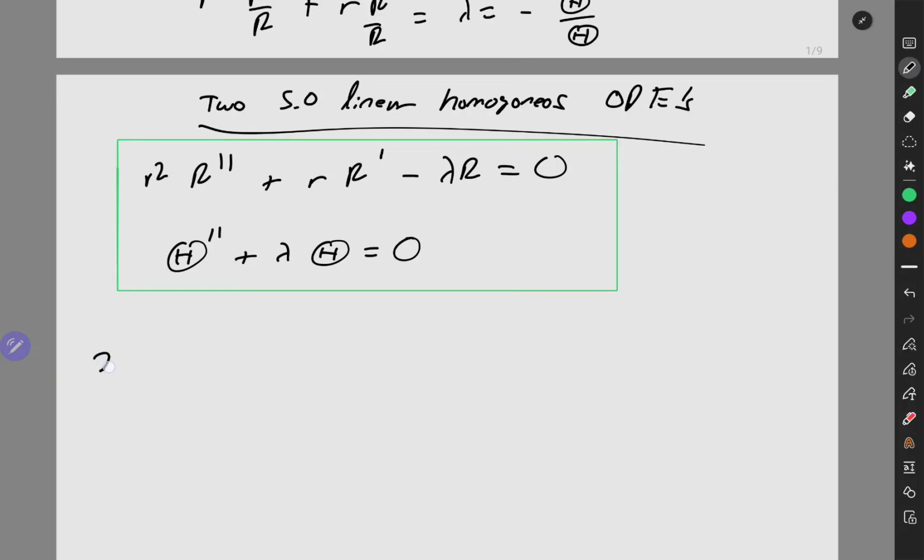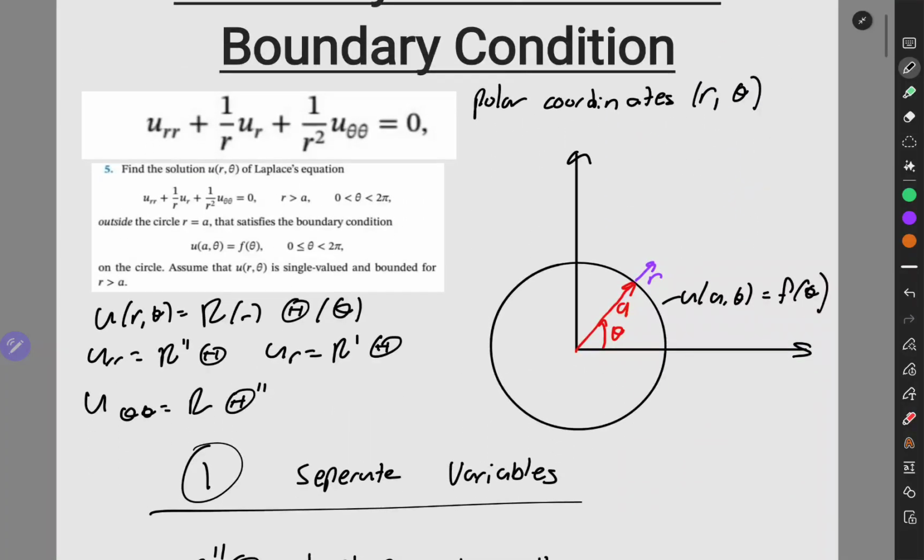Step number 2, as we all know, is to solve the boundary value problem. Now, you're thinking, what in the world, how are we going to do this? We're not given any, we have one boundary condition here that tells us this f of theta value, but we need to use that for a Fourier series, right? We can't use that now.